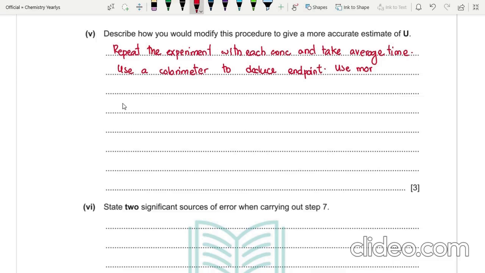Use more concentrations above and beyond 20 and 12%. Okay, so these will be the improvements.